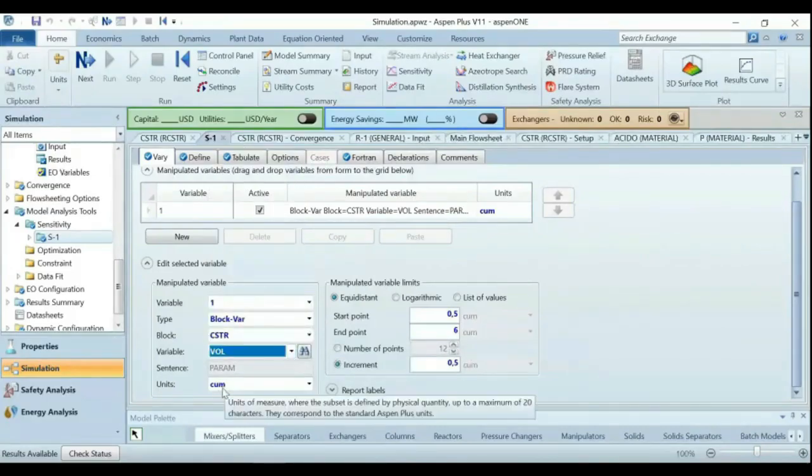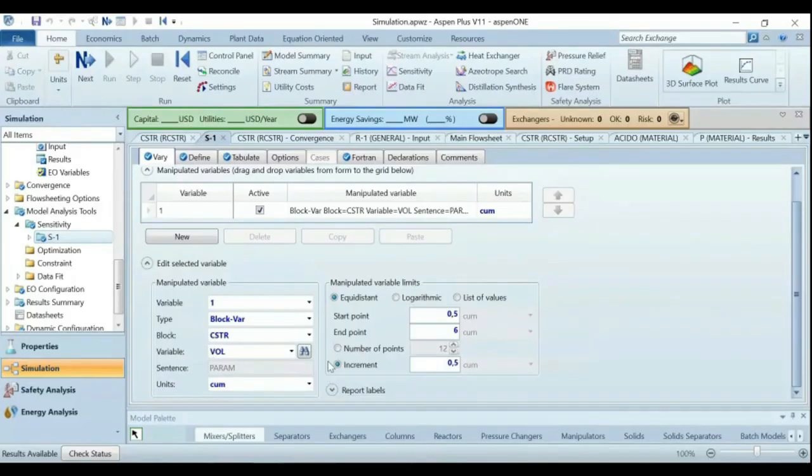Here the variable is the volume. Okay, the unit for the variable is cubic meters. The starting point is 0.5, the end point is 6 cubic meters, and the increment is 0.5.